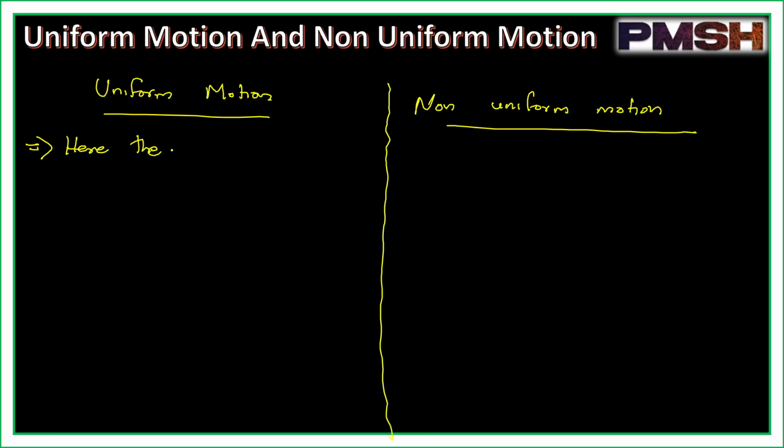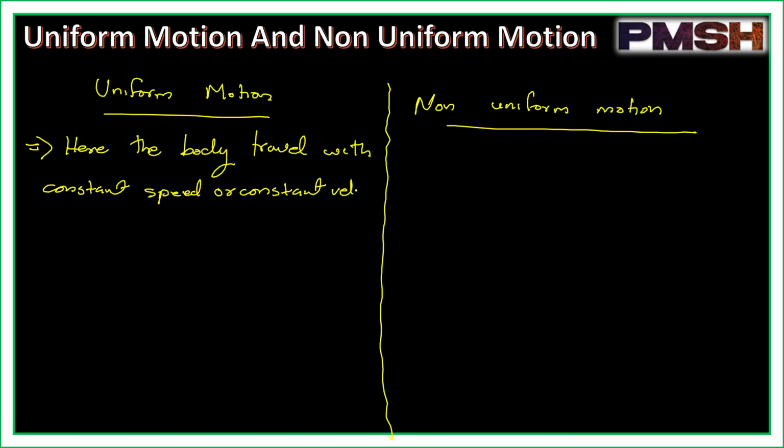So we can say uniform motion: here the body travels with constant speed or constant velocity. And what is non-uniform motion?